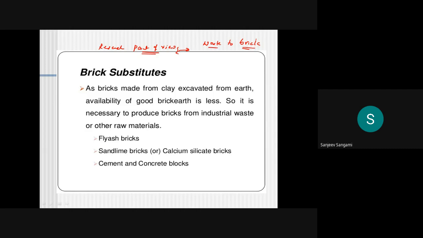A lot of industrial waste is arising, and this waste is not biodegradable.